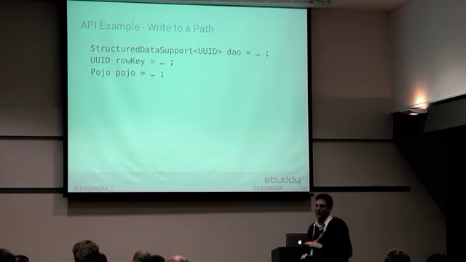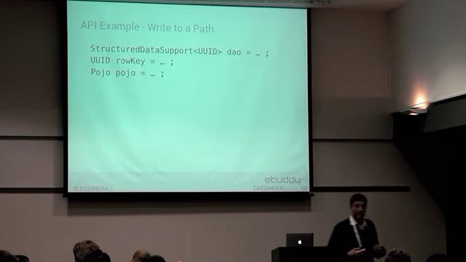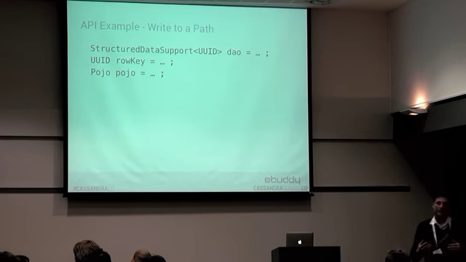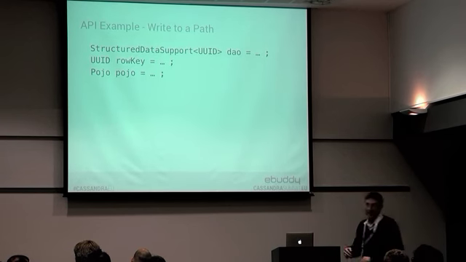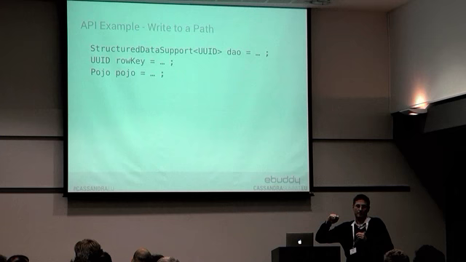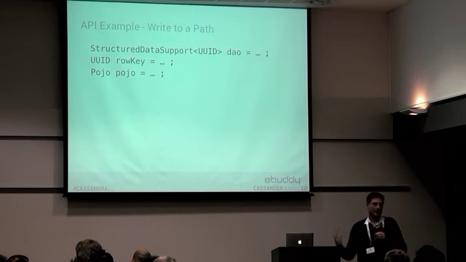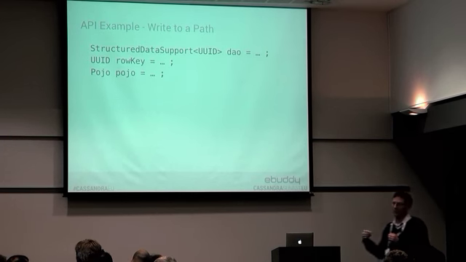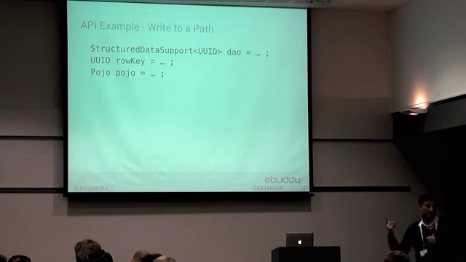So typically you would write your own data access objects that speak the language of your application domain, and you can use a data support object to help your data access object to read and write to Cassandra.